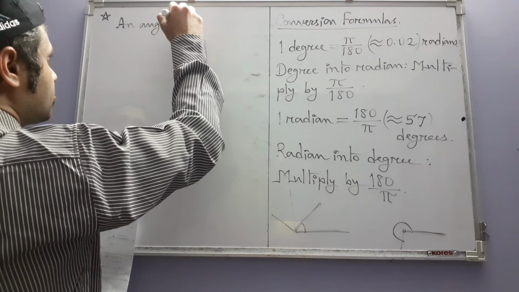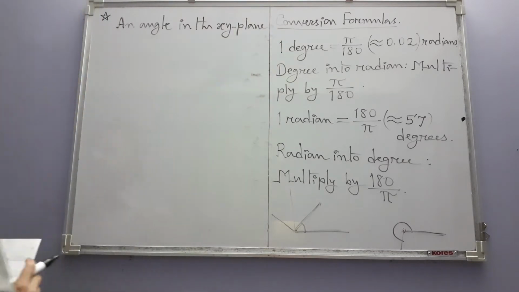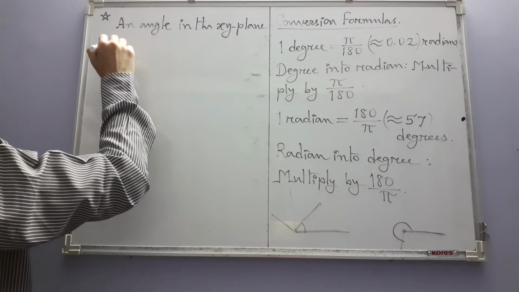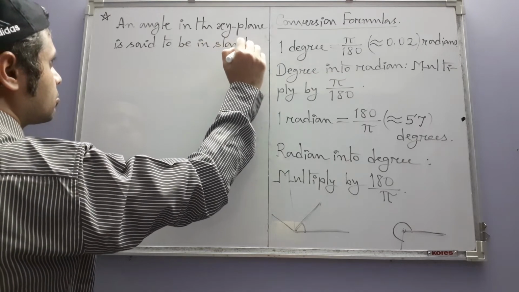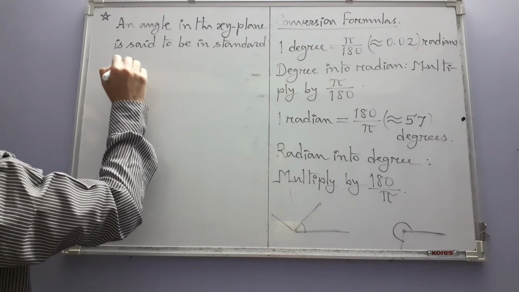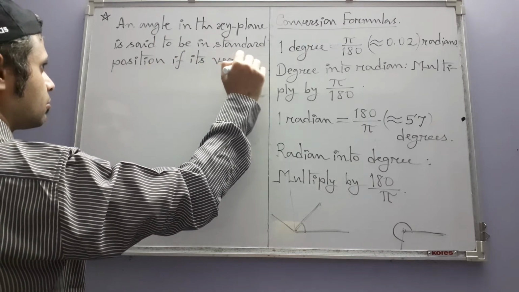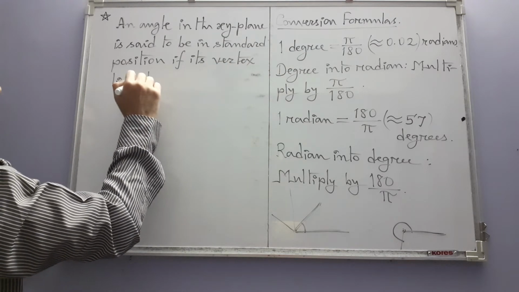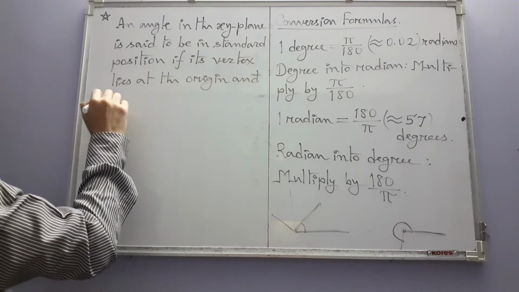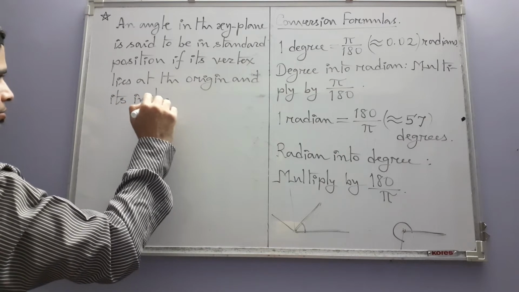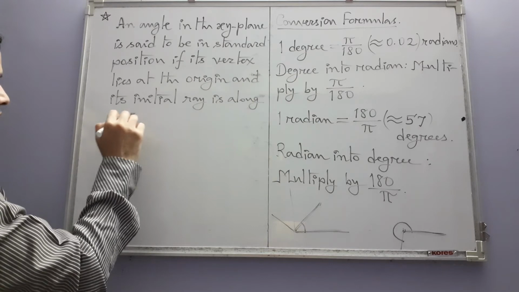An angle in the xy plane is said to be in standard position if its vertex lies at the origin and its initial ray is along the positive x-axis.